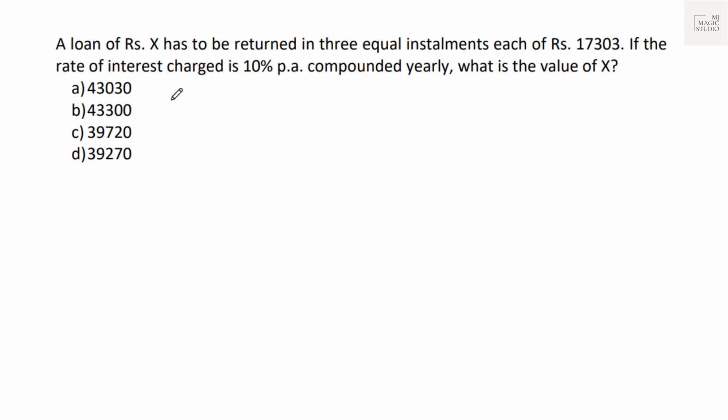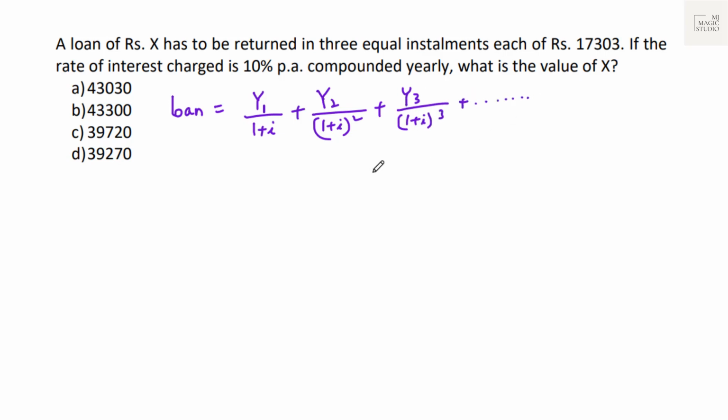We generally use this formula: loan amount equals installment, let the installment amount be Y, upon 1 plus I, this is the first installment, plus second installment upon 1 plus I to the power 2, plus third installment upon 1 plus I to the power 3, and so on. It depends upon how many installments are paid.